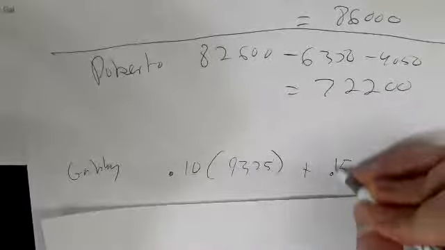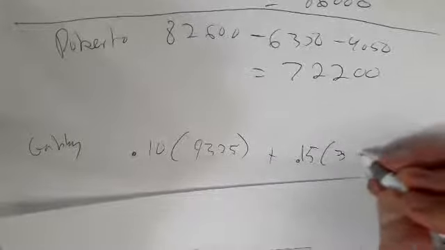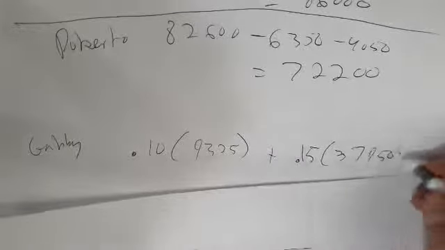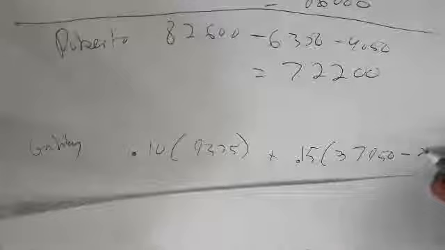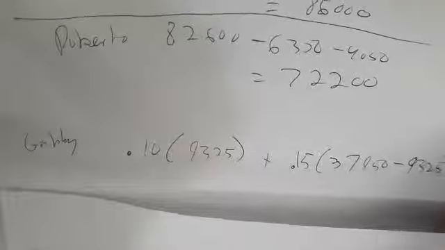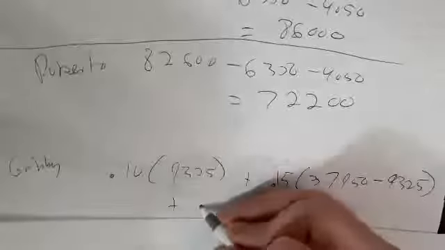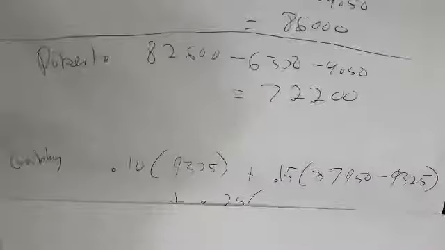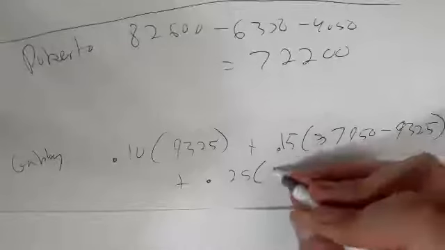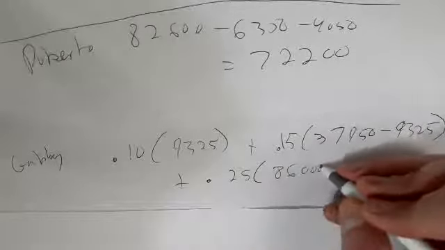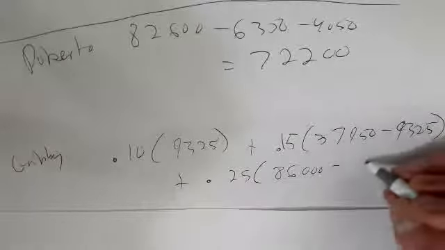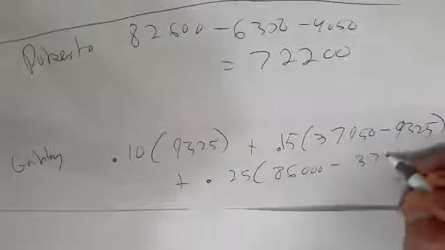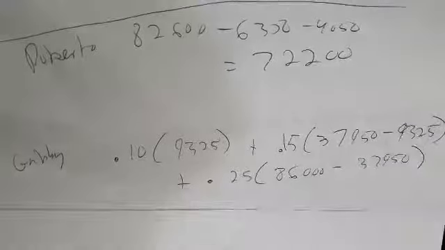I'm doing 15% on everything up to 37,950. And then I'm doing 25%, and this is my final bracket. I'm not going past this one. So it looks like 86,000 minus 37,950 was where I left off previously.